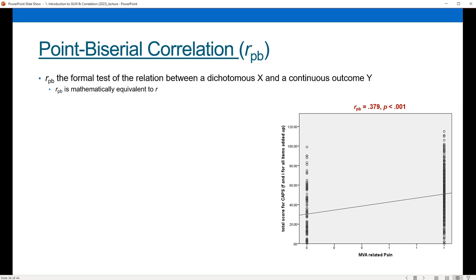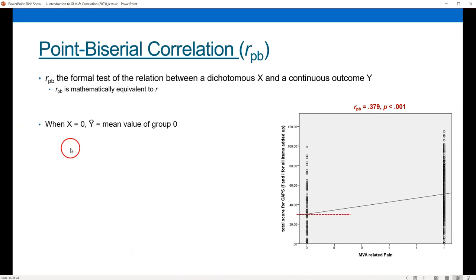But the nice thing is your point biserial correlation is mathematically identical to your Pearson correlation. They're 100% the same thing. You don't have to change anything in the calculation of these. Now, if I'm plotting this out with a scatter plot, it doesn't look like the nice correlation plots that we've gone through before.